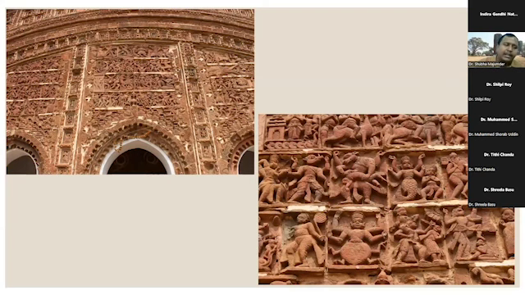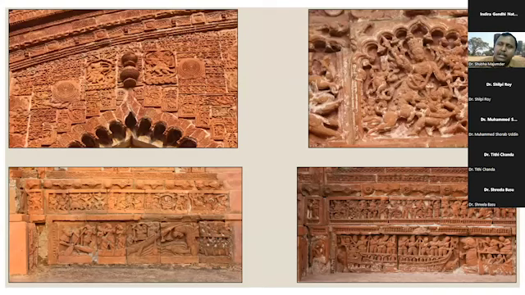This is another facet from the Joydev temple at Kenduli, and this is another depiction of the temple. It highlights the depiction of the Dasavatara panel. This is a close view, and another important temple is located at Guptipara in Kalna.